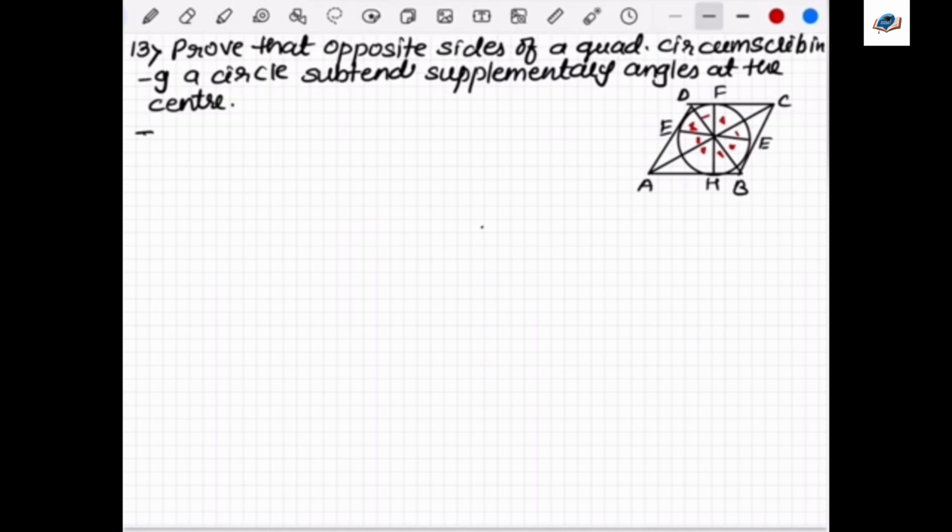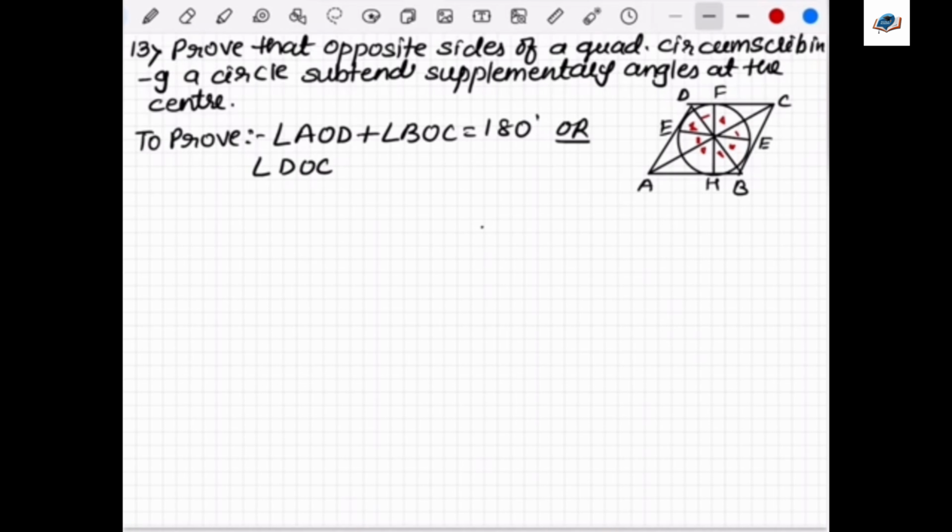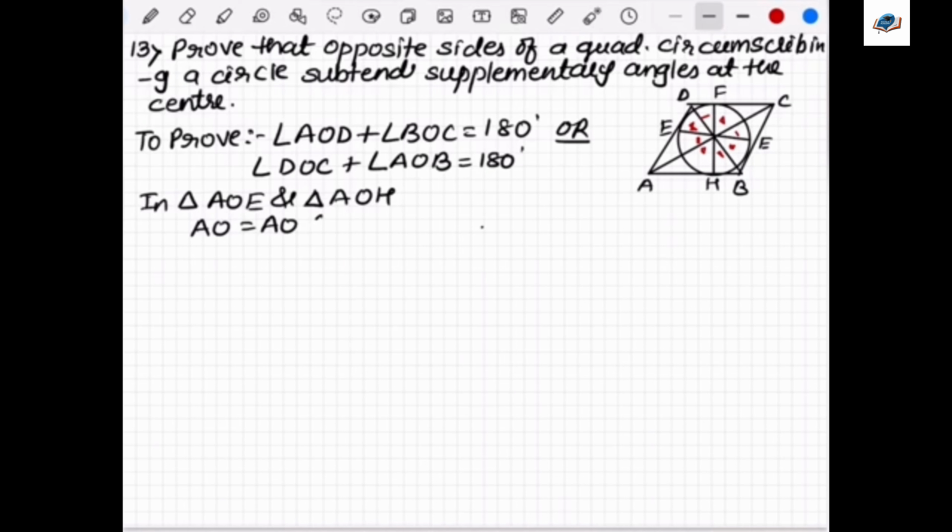So in triangle AOE and triangle AOH, AO equal to AO common, OE equal to OH, that are radii of the same circle, and AE equal to AH, tangents from the same external point, are equal.